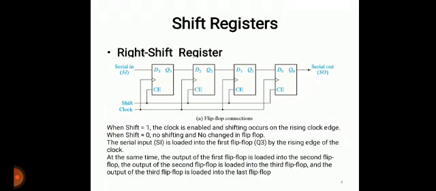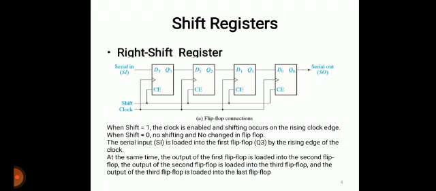So here is the example of the right shift register, that is the serial in serial out register. As I said, in case of SISO, the data is sent serially and the data is taken out serially. If I say a 4-bit shift register, then I'll be using 4 flip-flops there. Here I'm taking the D flip-flop, where we know that the output is equal to D, that is the data which you are giving at the input side.